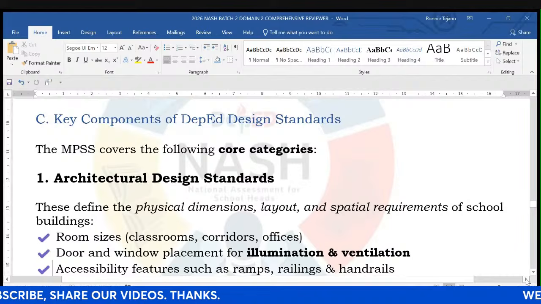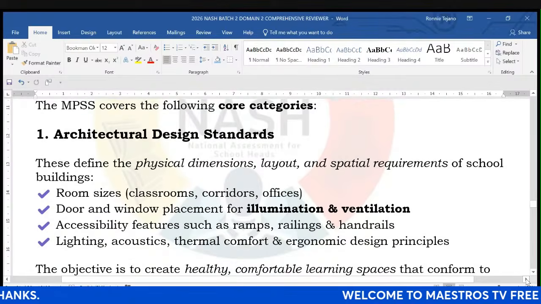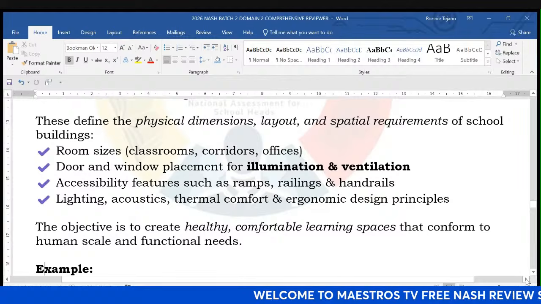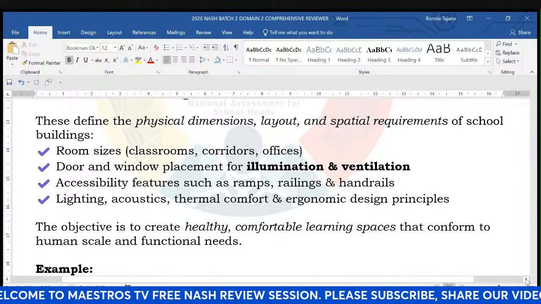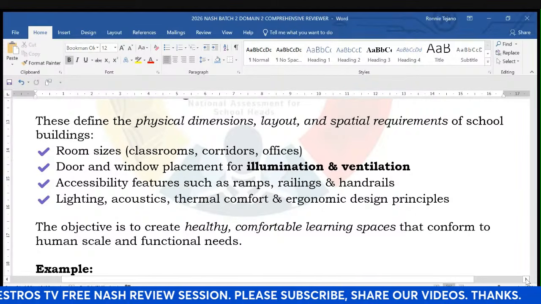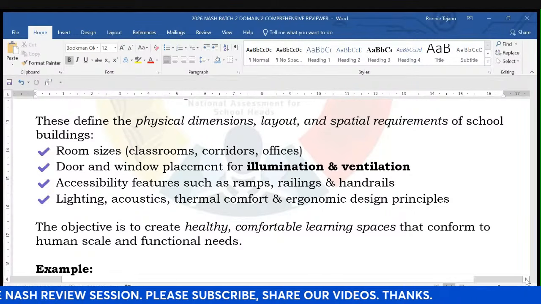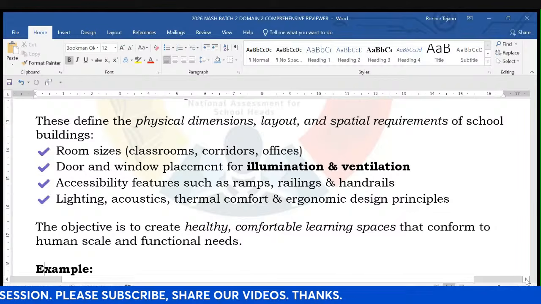The key components of the design, okay, we have the architectural design standards, which include the physical dimensions, the layout, and spatial requirements of all the school buildings. Okay, we have the specific room sizes for classrooms, size for corridors and offices.